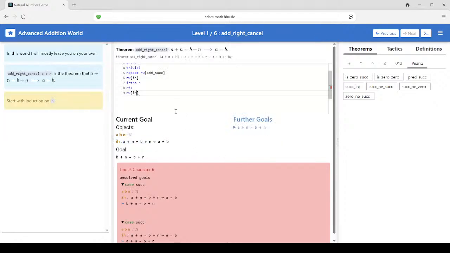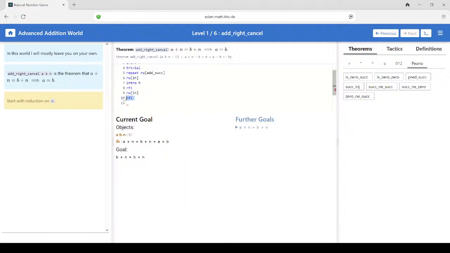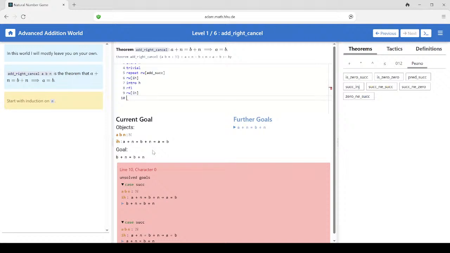I think I see what's happening. I can try and rewrite this using this, and it'll do that. It'll turn this a into a b, but once I've done that, it'll still want me to prove that this is true. So I don't know.